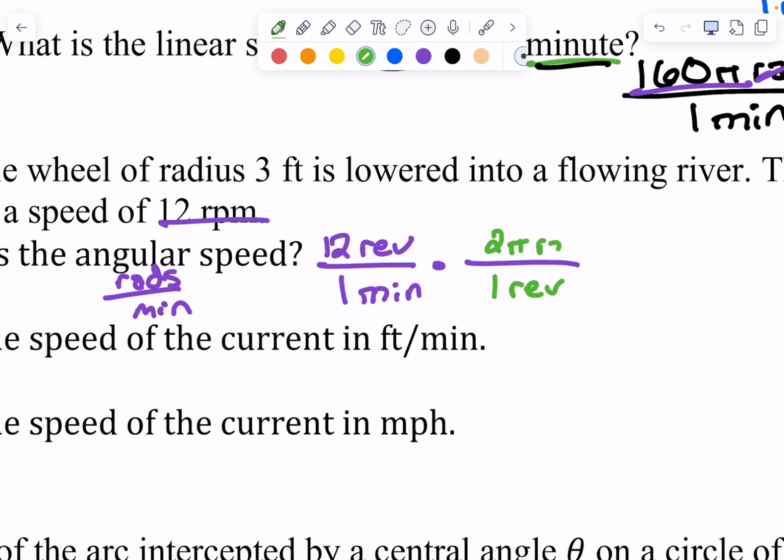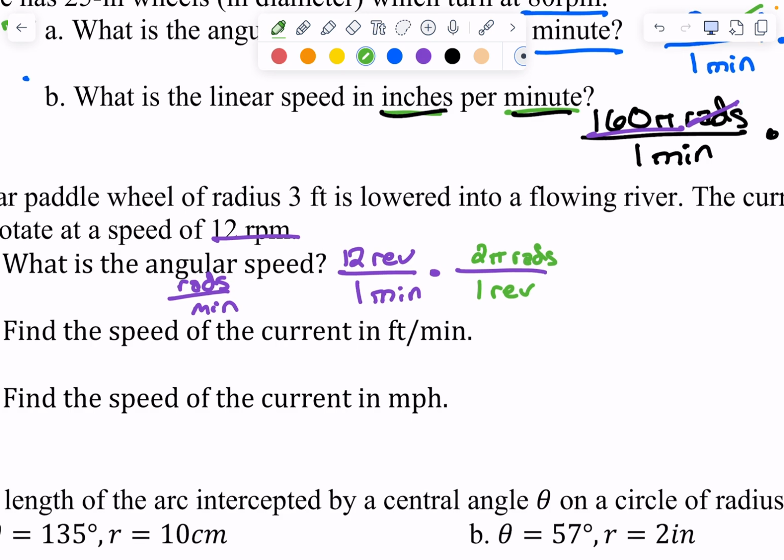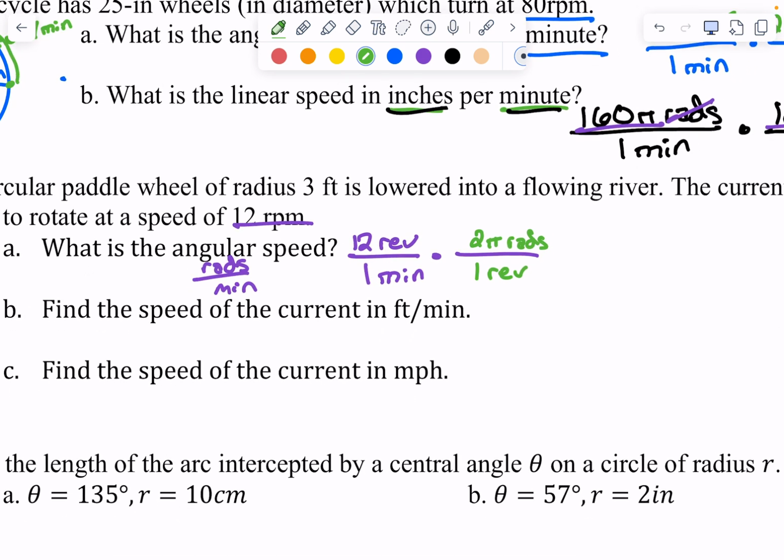The speed of the current would be linear. Yes. Speed of the current is asking for linear speed, yeah.